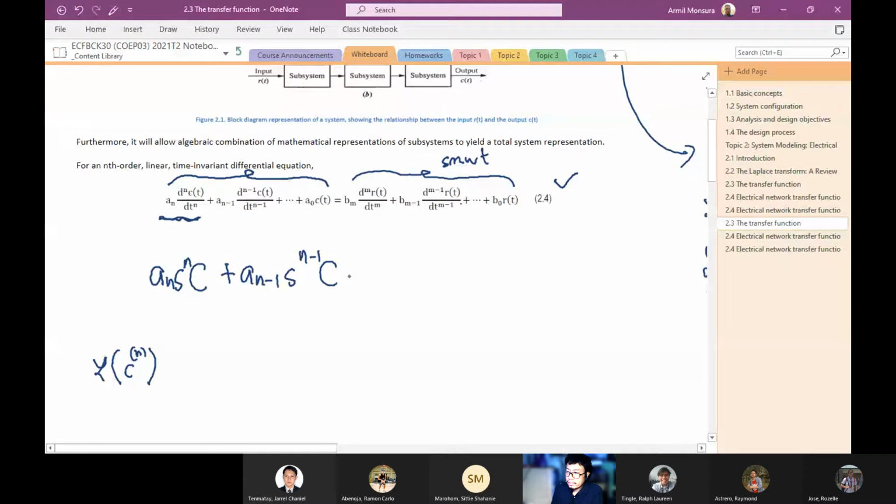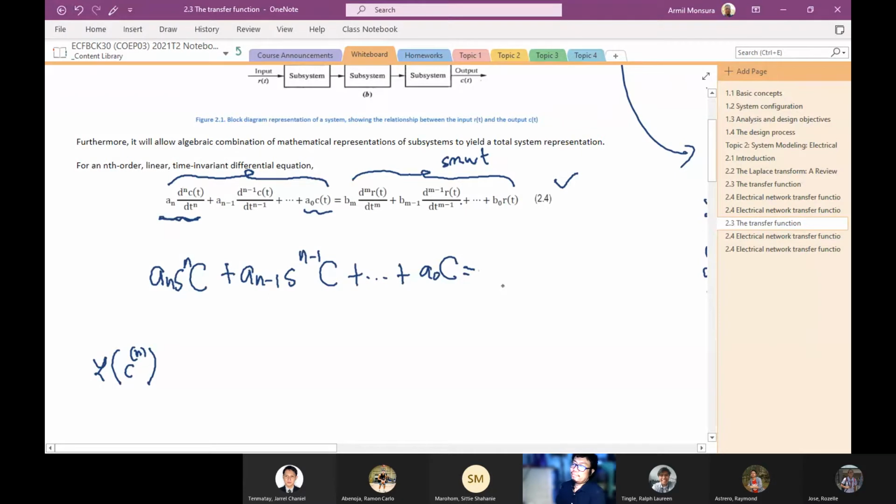And then hanggang makarating kayo dun sa dulong term na to, which has the Laplace transform a sub 0 times C. Okay? Naintindihan mo to? Okay, I'll continue na lang. I'm not really sure kung delay yung natin o talagang wala sumasagot sa inyo.